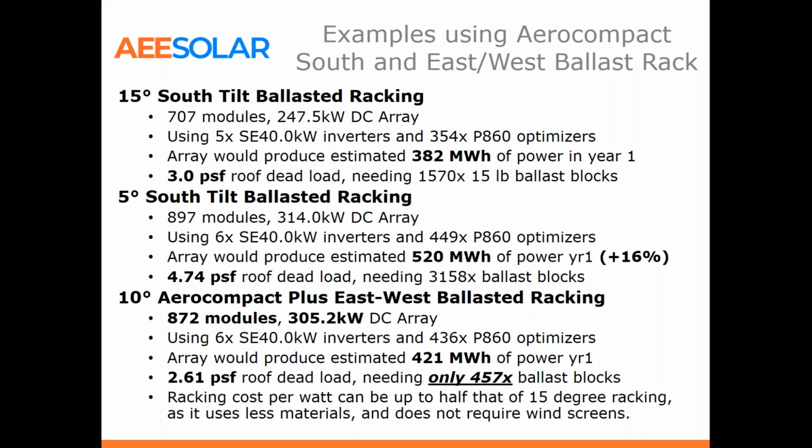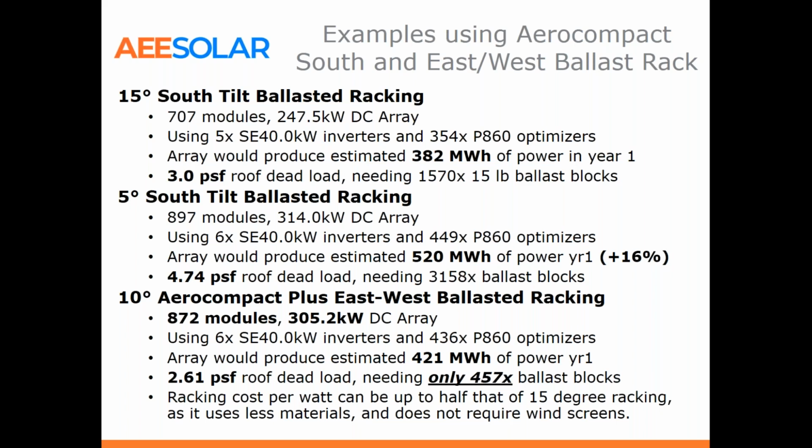I also mentioned that the 10-degree Aerocompact was very good on dead load. Since there's no place for the wind to get under the modules, we avoid the use entirely of needed wind screens. So here I was able to place 872 modules. Note that it's a little bit less than the 5-degree, but the dead load went way down to being only 2.61 PSF.